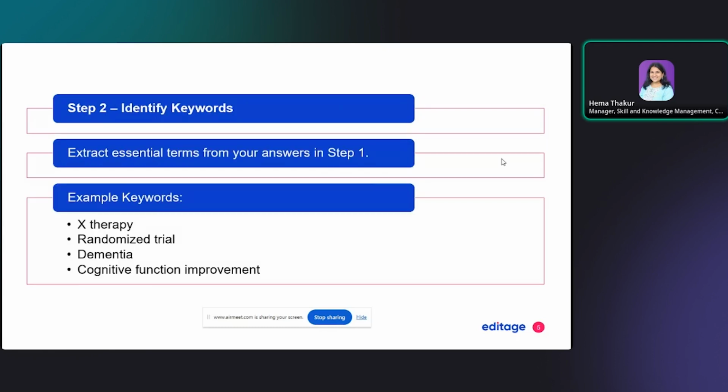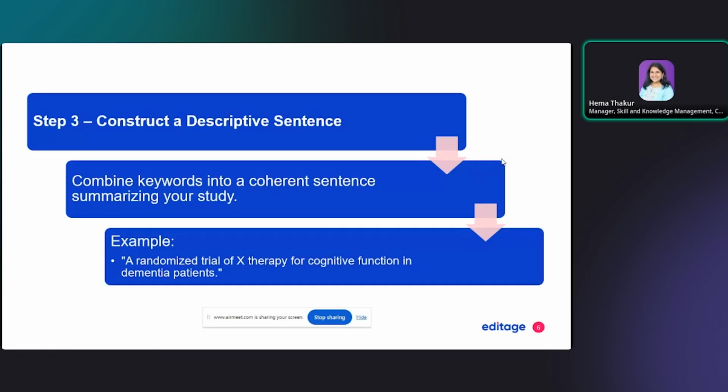And now, if I just want to cull out some key concepts from the answers, or keywords of sorts, the recurring keywords would be among those that I mentioned: X therapy, randomized trial, dementia, cognitive function improvement. This is something I've been saying again and again in my answers. So I just cull out those recurring keywords. That's all I do at this stage. The next step to draft my title would be to string these keywords together, just to form a preliminary title.